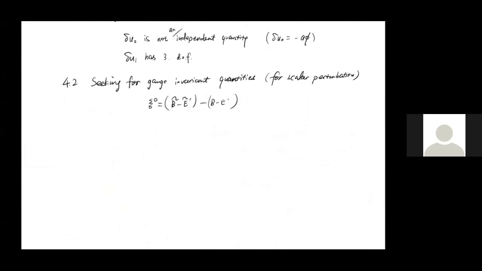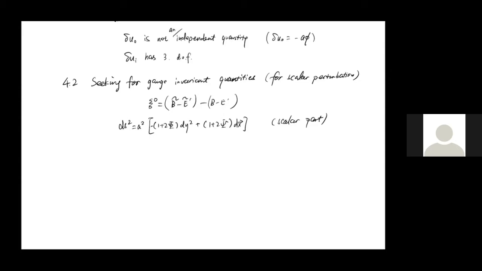For instance, the metric, sorry, there's an a squared. This is surely the scalar part. The scalar part of the perturbed metric can be easily written in this way. That's the advantage of the Newtonian gauge.